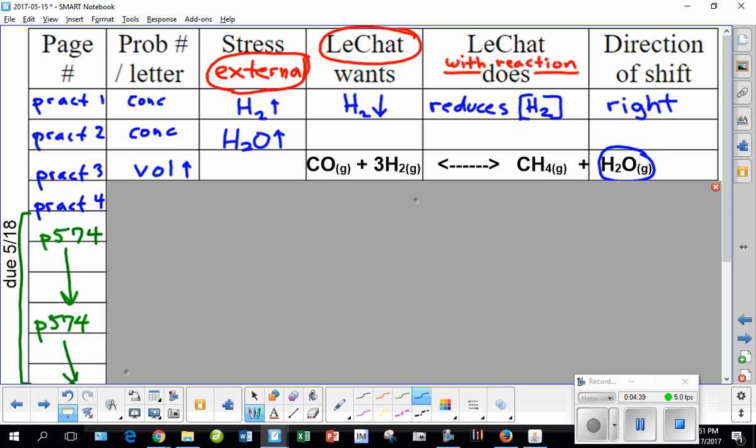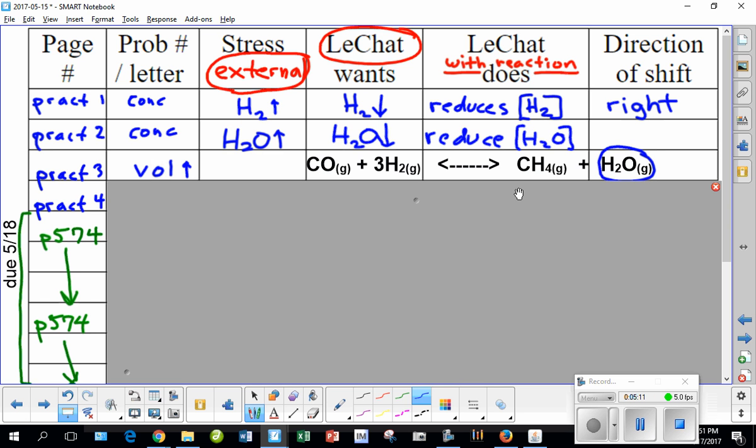So we've got all of those guys in the reaction vessel because this is a reversible reaction. I'm going to add H2O after we get to equilibrium. So what does LeChat want to do? Down. So he wants to reduce the H2O concentration.